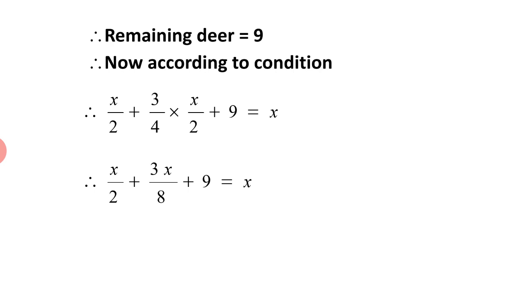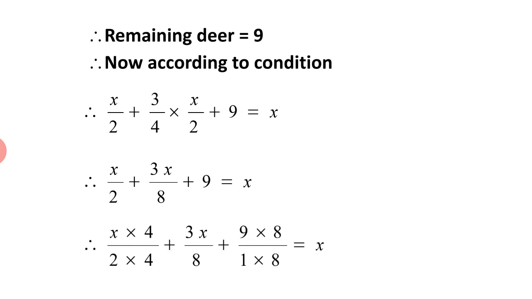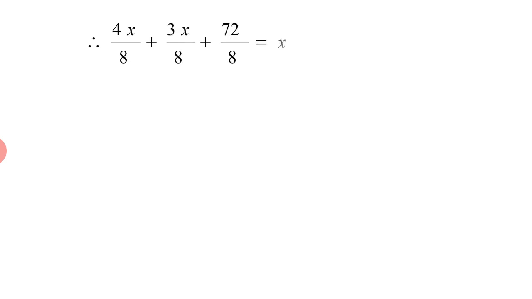So now x by 2 plus the middle product will be 3x by 8. I don't think I need to explain this. So x by 2 plus 3x by 8 plus 9 is equal to x. Take the LCM. So it will be 8. So we convert all the fractions to denominator 8. So now you will get 4x upon 8 plus 3x upon 8 plus 72 upon 8 is equal to x.